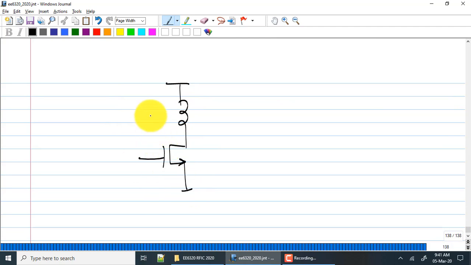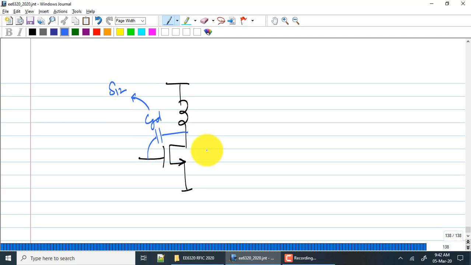So CGD is what decides S12. CGD is of course inherent to the device, and therefore depending on the size of the device, you will basically get some value of CGD, and depending on the frequency of operation, you will get some S12.